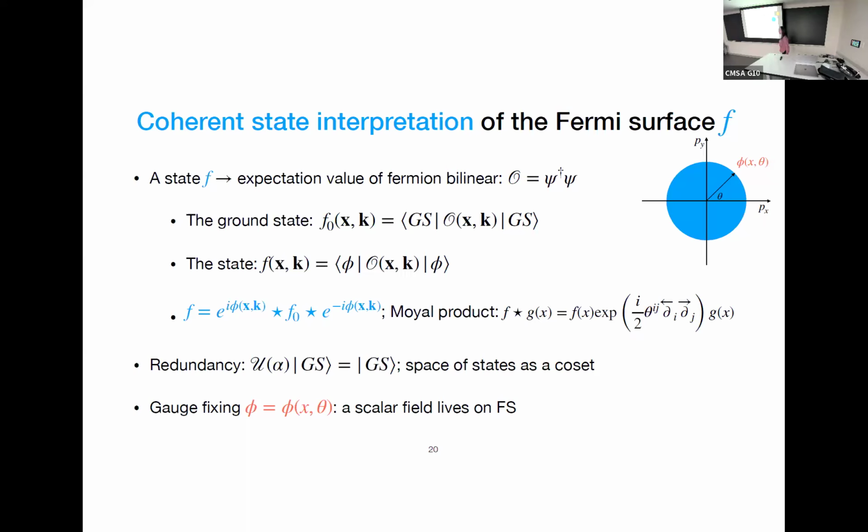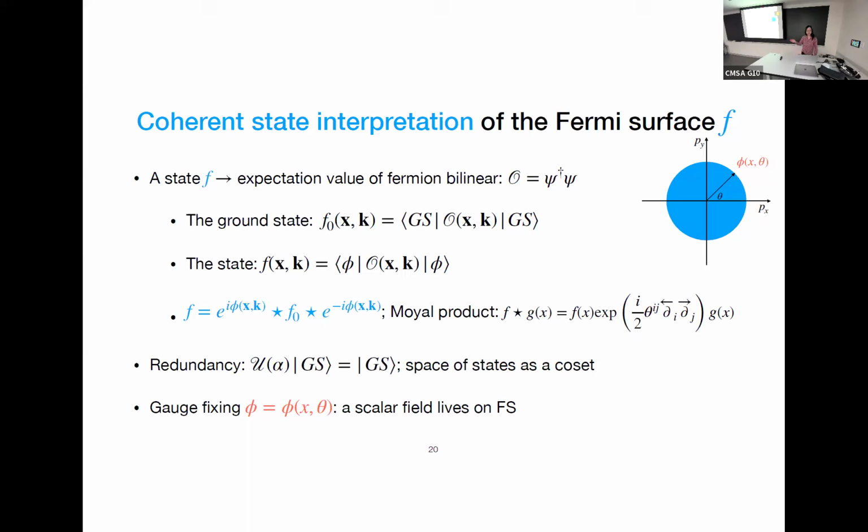The gauge fixing condition that we choose is that we fix the magnitude of the momentum and only think about the theta dependence. So we can now relate this phi, a bosonic scalar field which lives on the Fermi surface, and it only depends on the angular part.